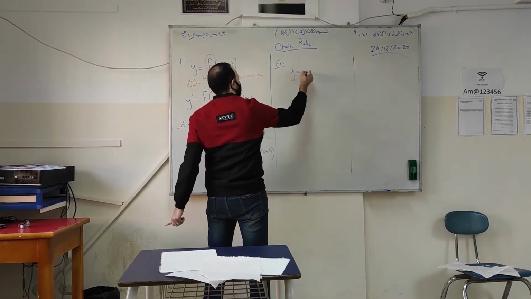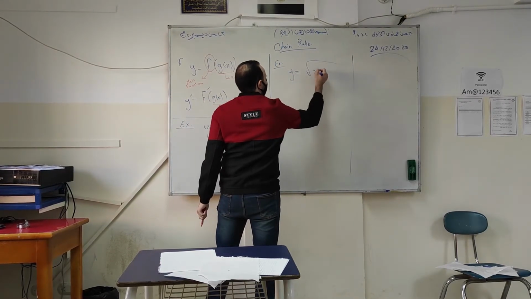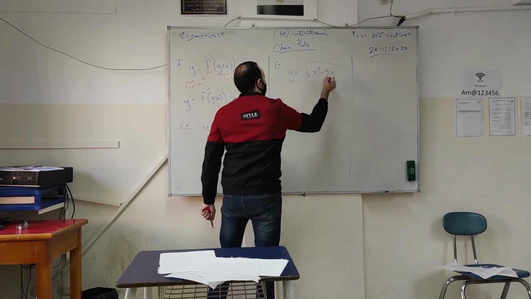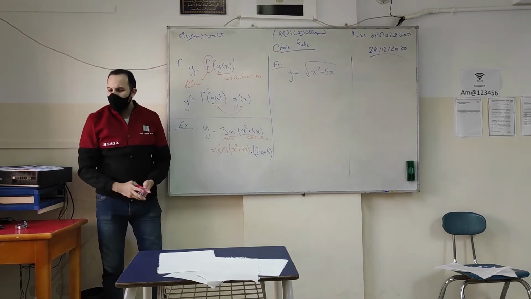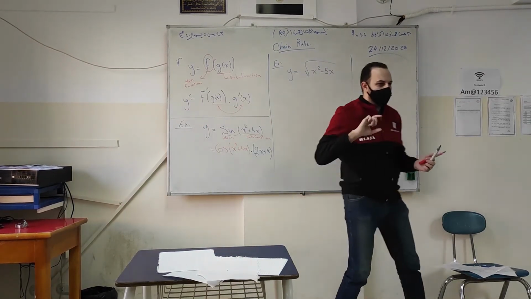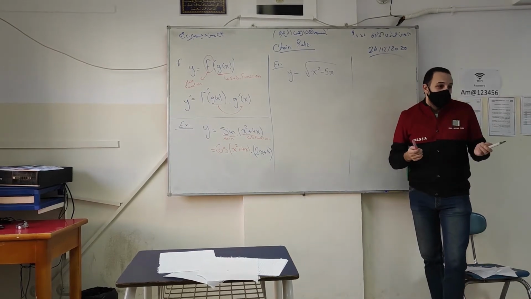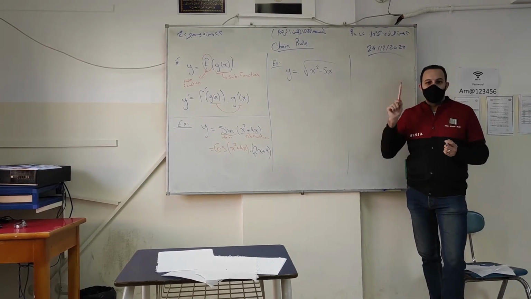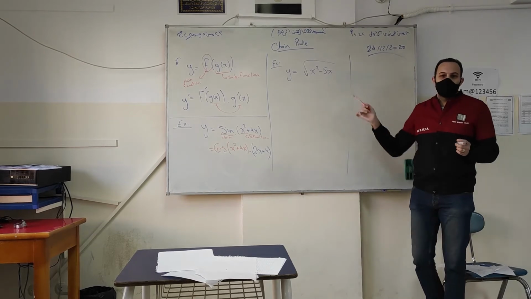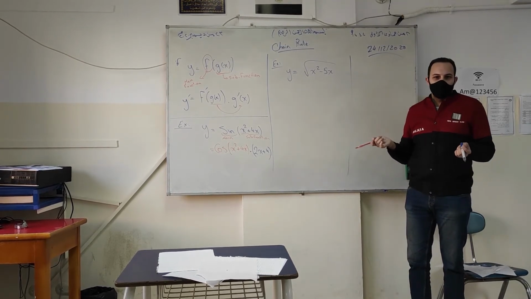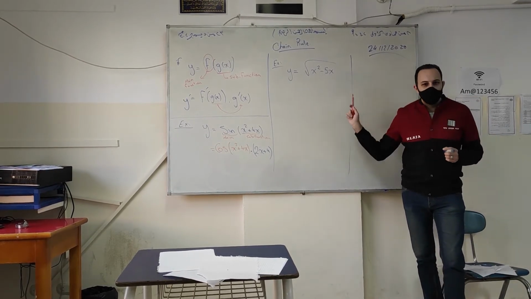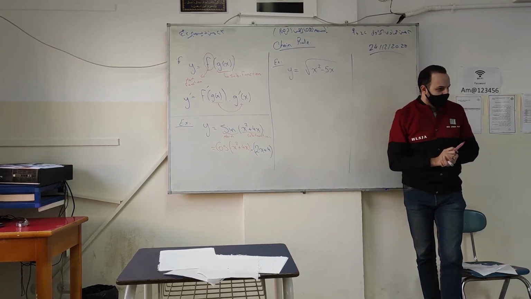I have y equal root of x squared minus 5x. Do I have here a function and a subfunction? What do you think? I don't, right? This is the problem. You do have a function and subfunction.